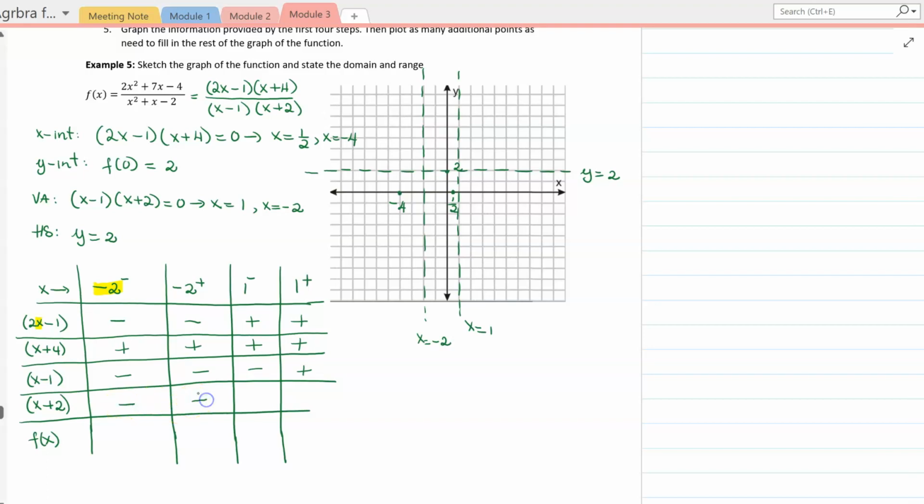It's going to be positive, positive, and positive. This means when x approaches negative 2 from the left, f of x is approaching negative infinity, then positive infinity, negative infinity, and positive infinity.